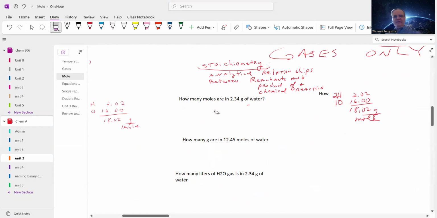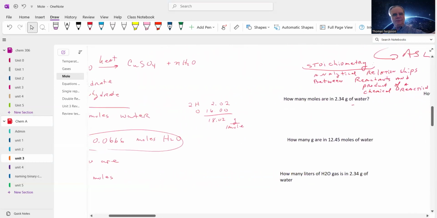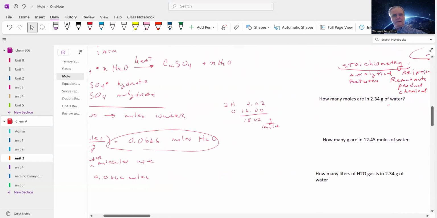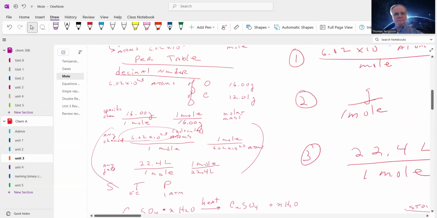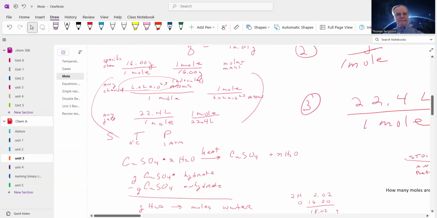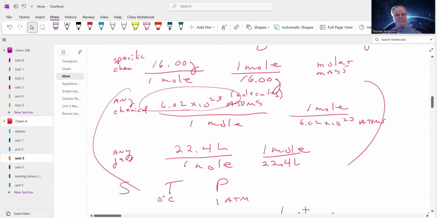I mentioned 2 conversion factors, and there's one more you need to know. Okay, so there's molar mass, and that's specific for the chemical. Avogadro's number is not specific. It's for anything.